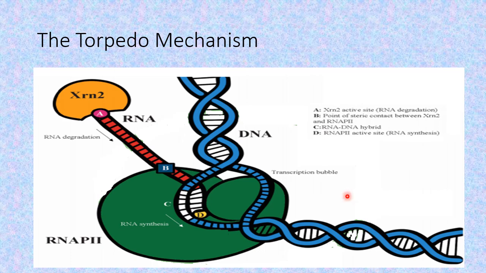So in this manner, the RNA polymerase second not only processes or adds the poly A tail to the nascent messenger RNA formed, but it also involves disengagement of the RNA polymerase from the DNA double helical structure.